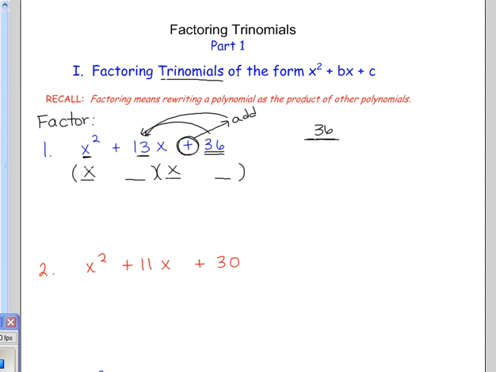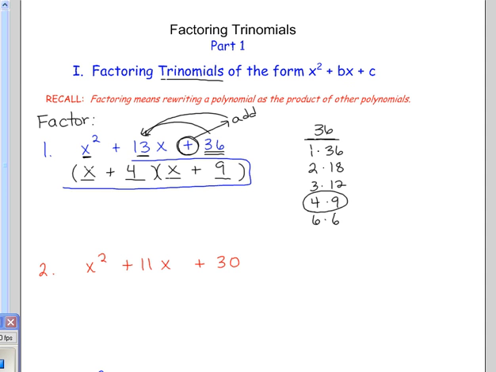Okay, so if I make a list of my factors of 36, it could be 1 times 36, 2 times 18, 3 times 12, or 4 times 9, or 6 times 6. From that list, I also want the numbers that are going to add up to be positive 13, which would be 4 and 9. So in my answer, I'm going to have 4 and 9, doesn't matter the order, and they will both be positive. So my answer would be x plus 4 times x plus 9.